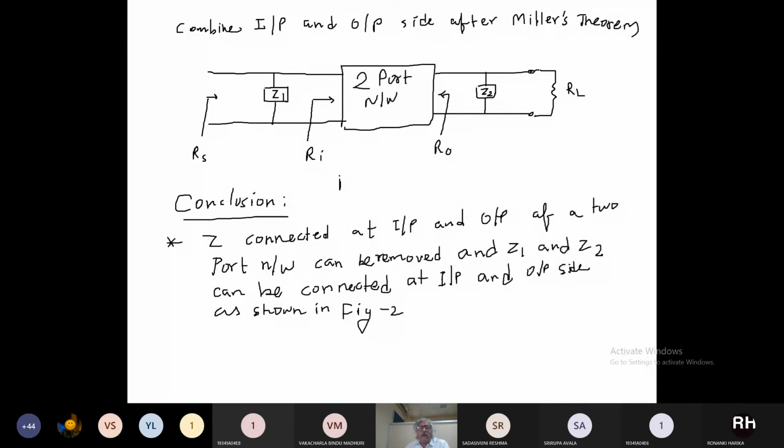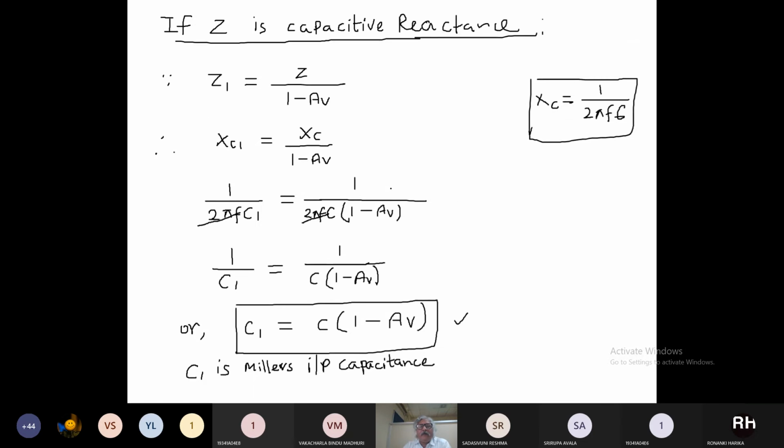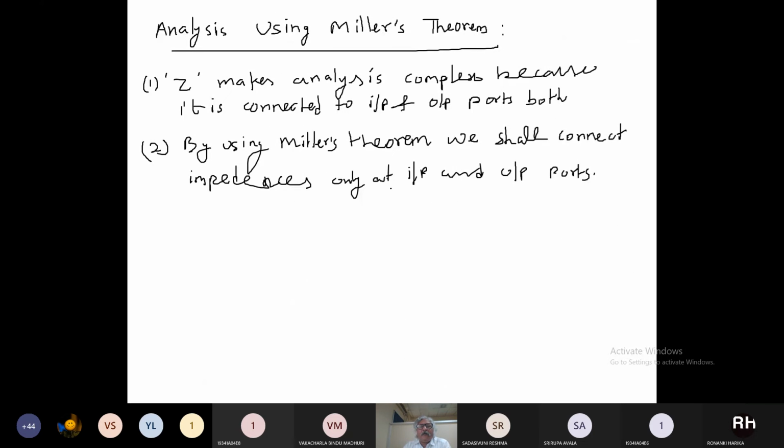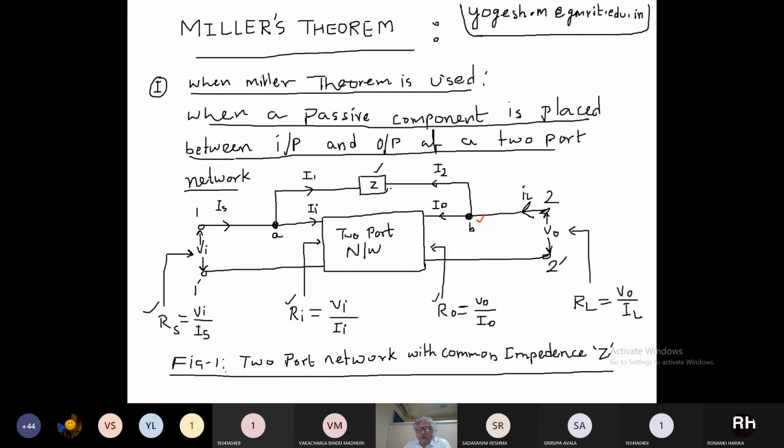So this is our figure 2. Let me check whether this is figure 2 only. Yes.